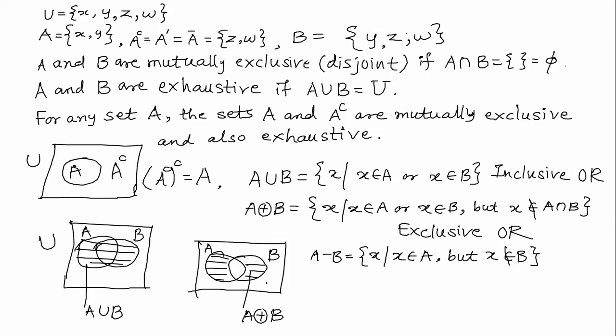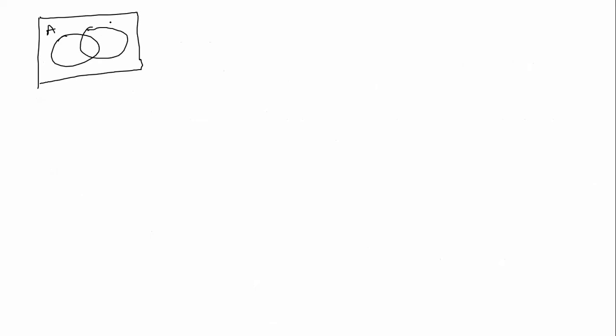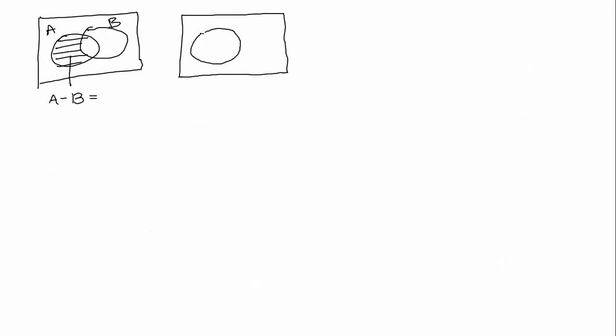A minus B is another set which contains all those elements in A which are not in B. Here I have already shown the ring sum of A and B. Now this is nothing but A minus B. I will copy and paste this, and I want to elaborate that we can write A minus B in a different way also, and that is A intersection B complement.